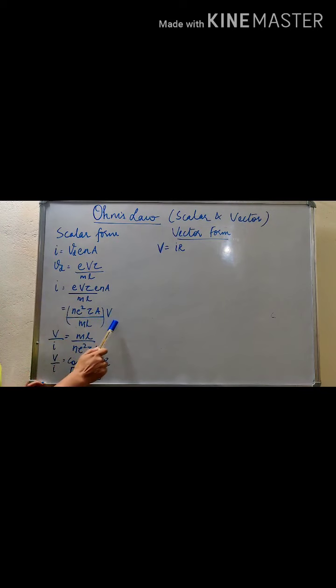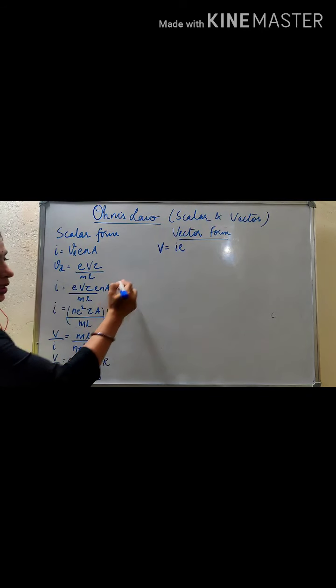So I is directly proportional to V, or we can write V by I, taking I over here, so the whole thing goes there. V by I is equal to m L upon n e squared tau A. Here m, L, n, e, tau, A are all constants for a particular length and cross-sectional area.